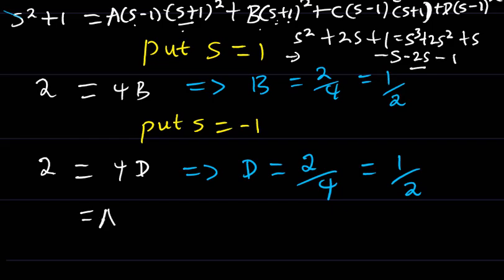So this is going to be a into x cubed plus 2x squared, minus 2x, then of course minus 1.